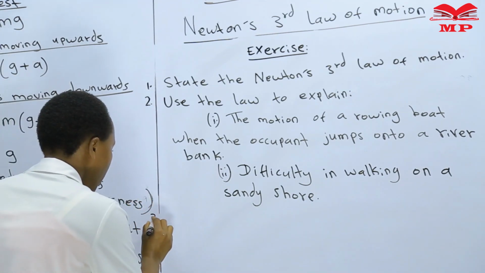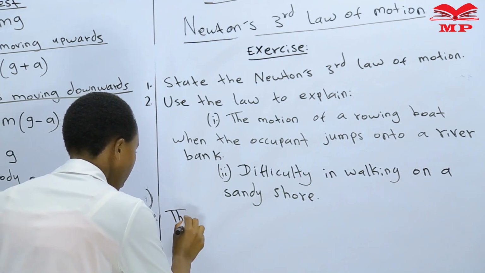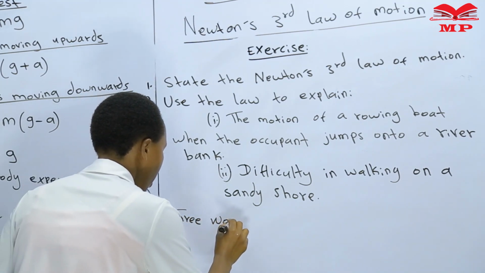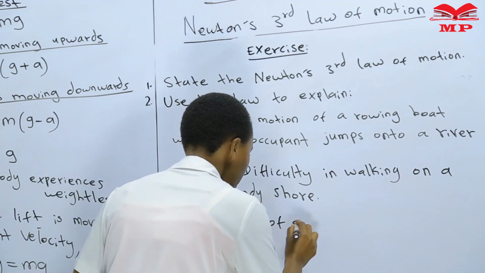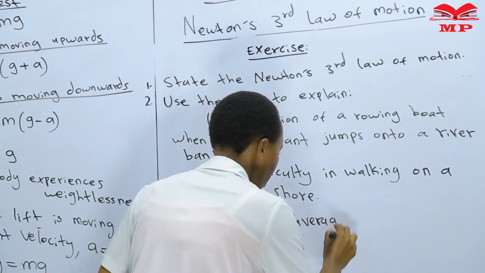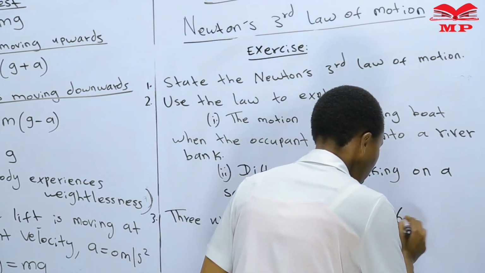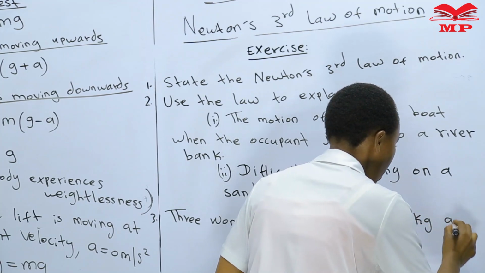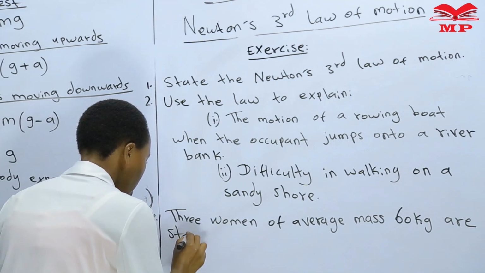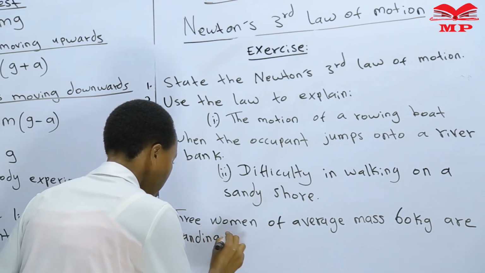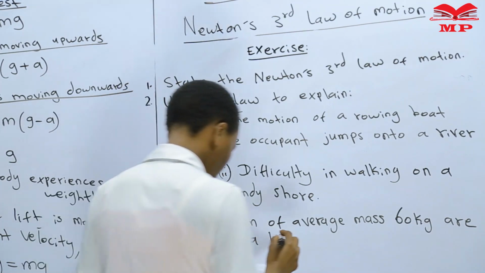Then question number 3: three women of average mass 60 kilograms are standing in a lift.